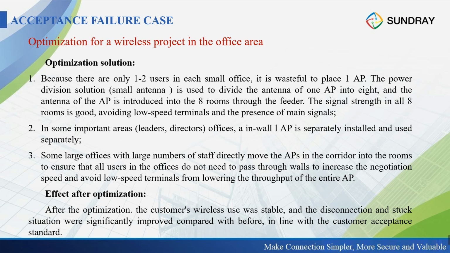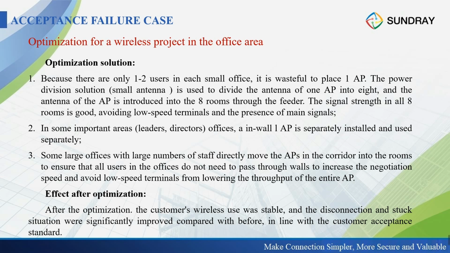First one, we can use the power division solution, where we use the S515. Do you remember that this AP has 8 connectors? You can connect the feeders, so we can use one AP to cover 8 rooms. And then in some important areas like the directors' or leaders' offices, or sometimes the conference meeting rooms, we can put one inward AP per room.